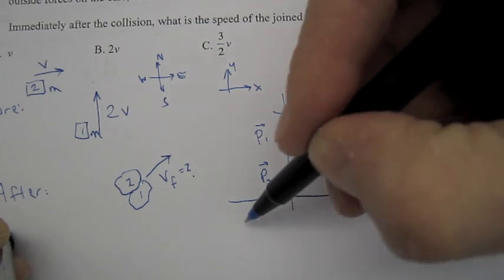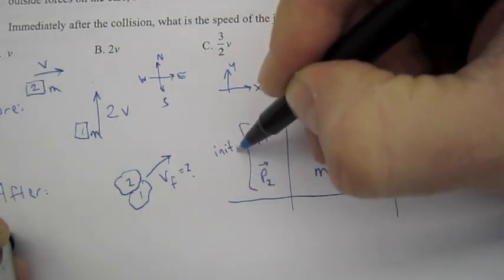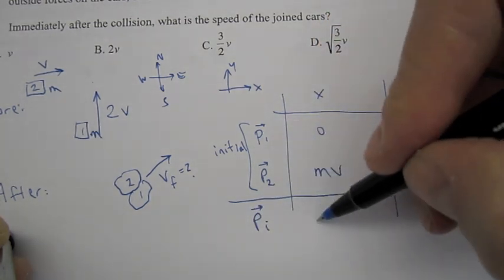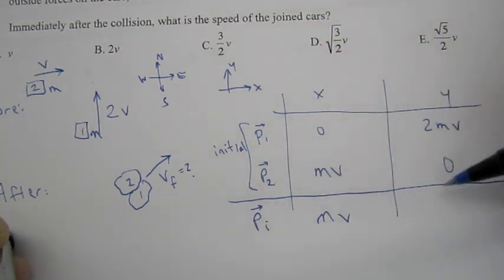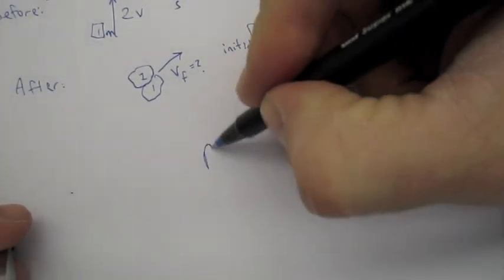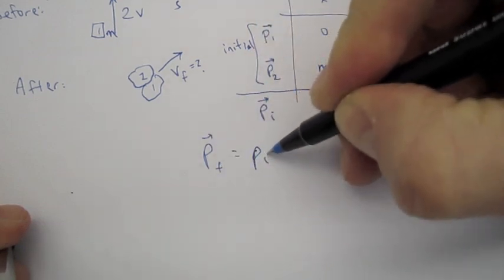And so if you want to sum it up, this is initial. So P initial for the whole system is going to have x component mv and y component 2mv. And so P final equals P initial.